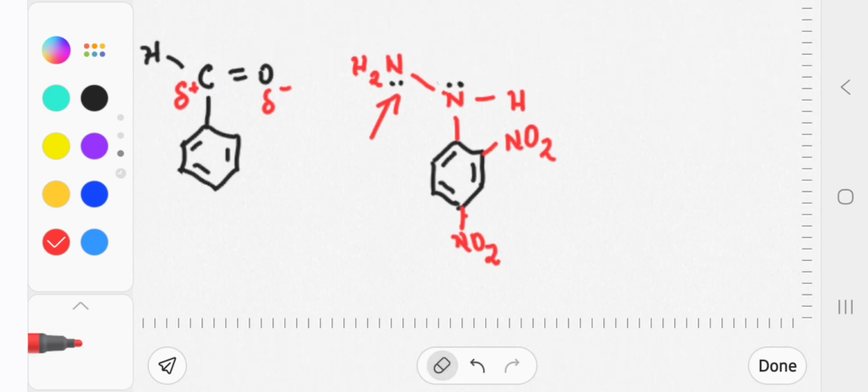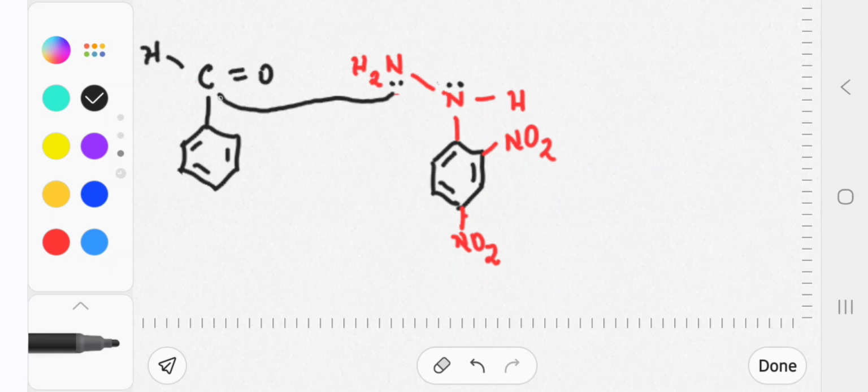Let me clean this and illustrate it so that I can explain why the nitrogen here is going to attack. It's going to attack the carbon here with these electrons. When it does, these two electrons over here are going to form a bond to that carbon.